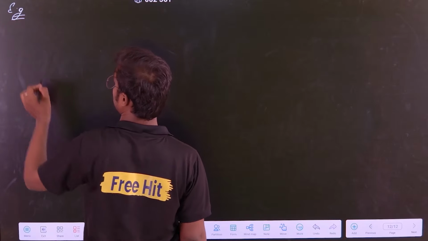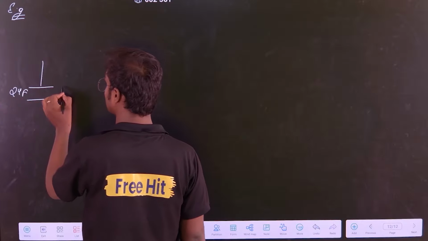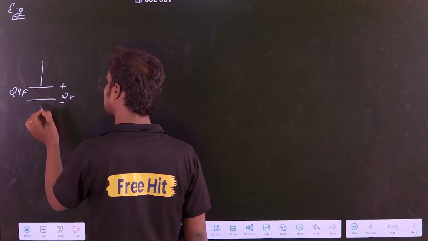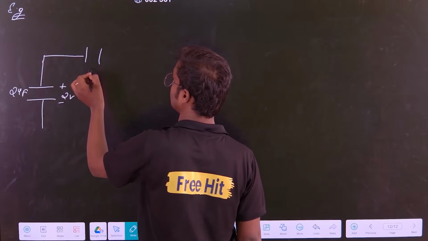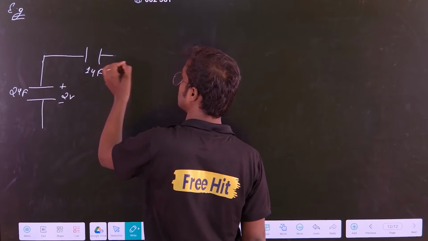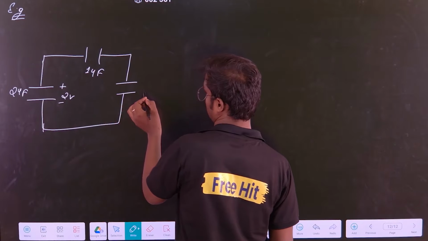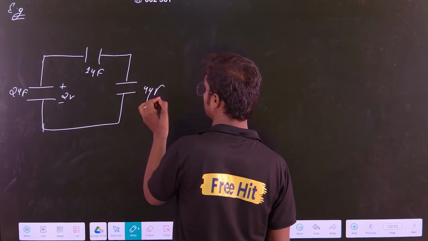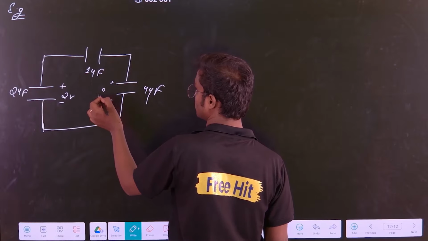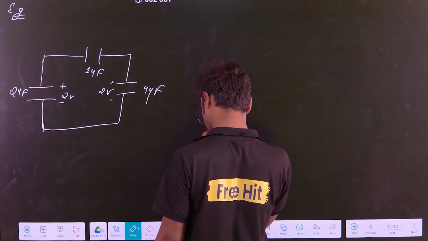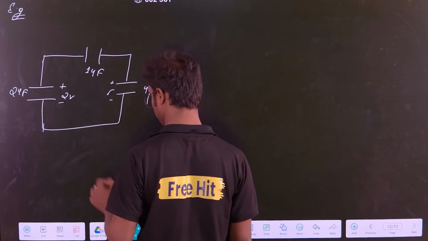Suppose we take a 2 microfarad capacitor. This is 2 volt, correct? This I have taken as 1 microfarad, and this let me take as 4 microfarad, and again 2 volt, or 1 volt.